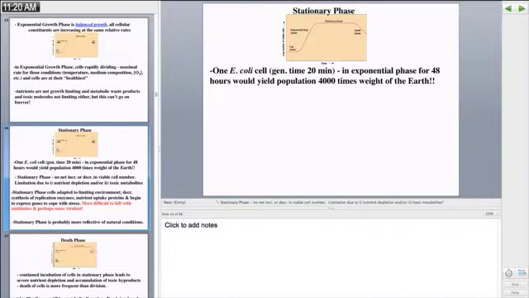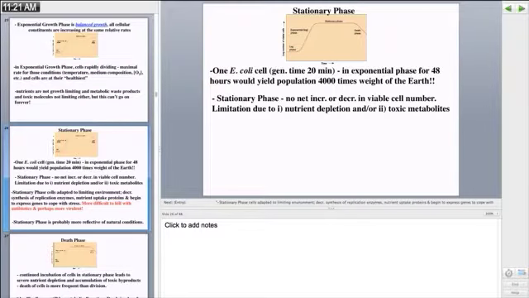If you take this to the absurd level, one E. coli cell, which in the laboratory will divide every 20 minutes, in exponential phase for 48 hours would give a population 4,000 times the weight of the Earth. So, small bacteria, but doubling every 20 minutes could get really large. Obviously, this can't happen.